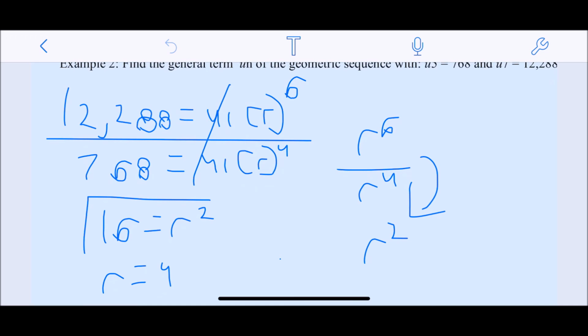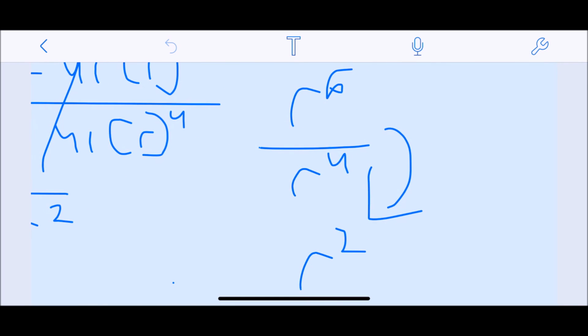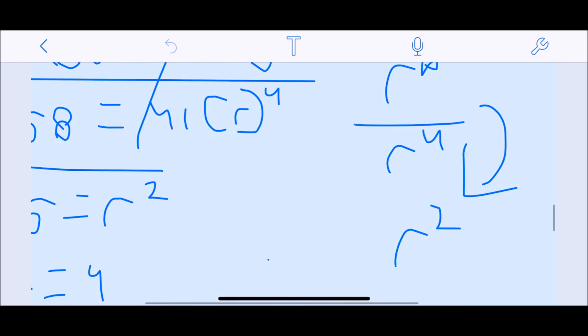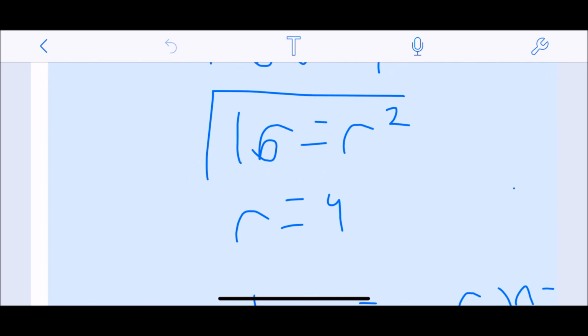Unfortunately, we can't do coordinates for this one because it's a different kind of problem based on the geometric sequence. What we can do is plug in the numbers. So we get 12288 equals u sub 1 r to the 6th. And we also get 768 equals u sub 1 times r to the 4th.